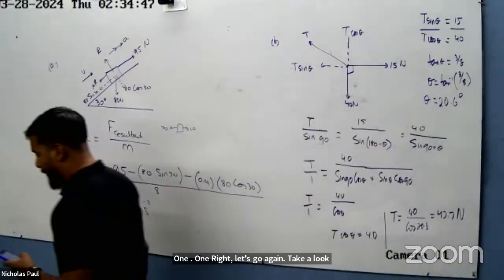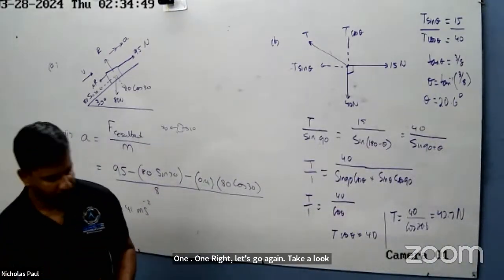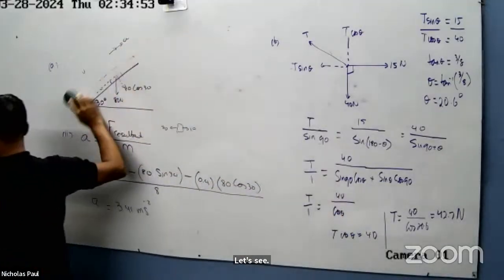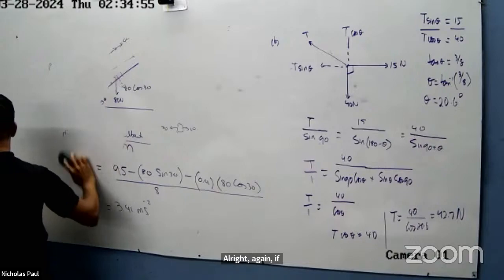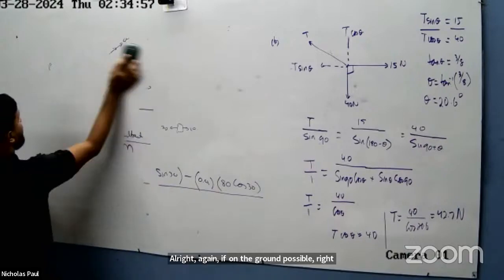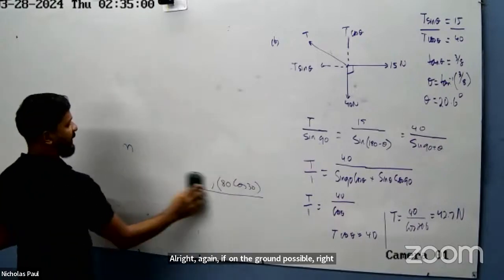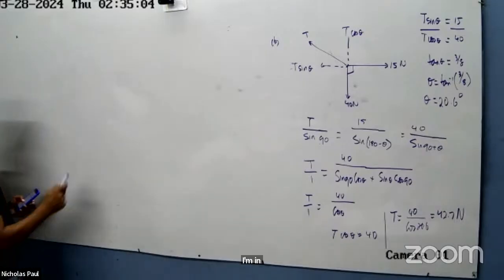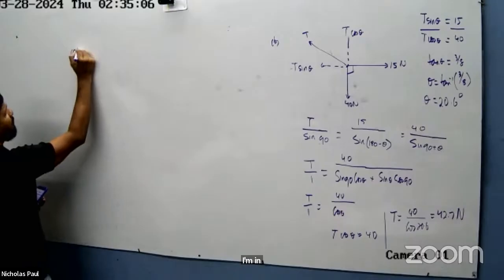Let's go again. Take a look at part C. If a diagram is possible, draw it in if you need a diagram, part C. Take your time, no rush, we are real time.